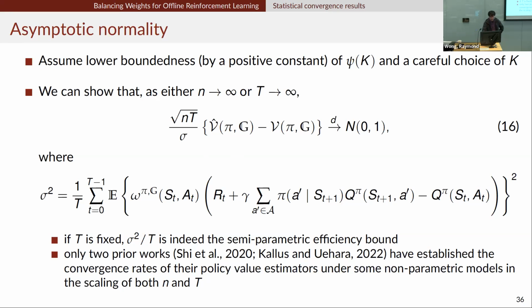When we wrote this paper, there were only two prior works that we know of that established convergence rates for non-parametric models, under the scaling of both n and t. In our result, our analysis relaxes some of the restrictive conditions that they have in their analysis.